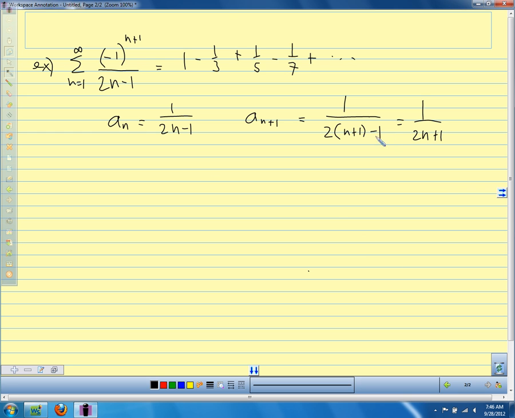So for our second condition, we need to show that a sub n plus 1 is less than or equal to a sub n. So what we're trying to show is that 1 over 2n plus 1 is less than or equal to 1 over 2n minus 1. Is this condition true? Yes.